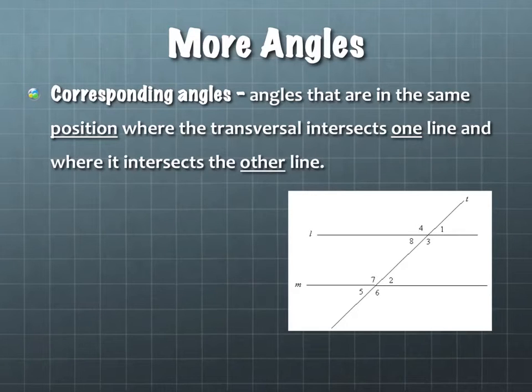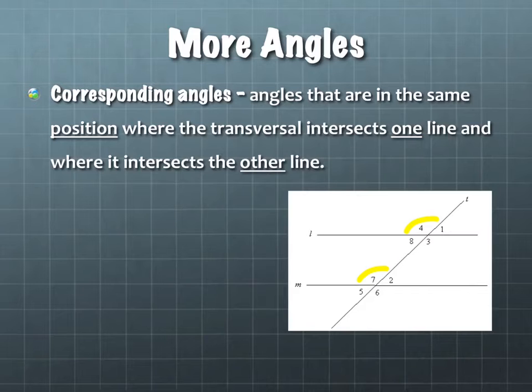Corresponding angles are angles that are in the same position where the transversal intersects one line and where it intersects another. For example, this angle 4 is sort of on the top left-hand corner of this intersection, right? Well, that's the same position that angle 7 is of this intersection.